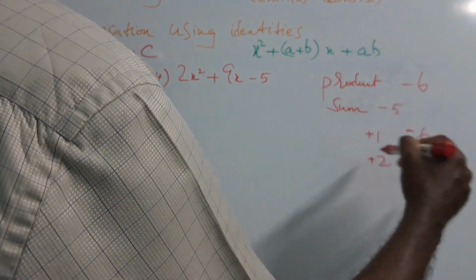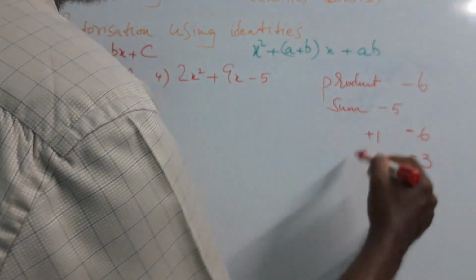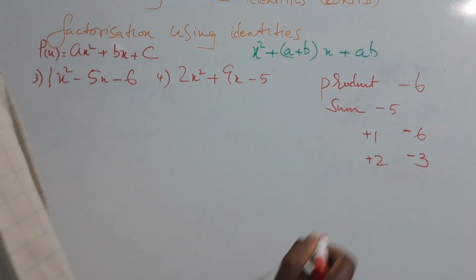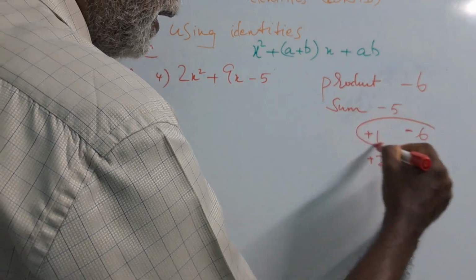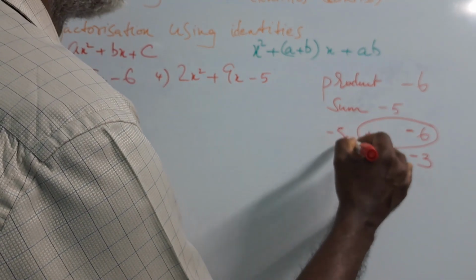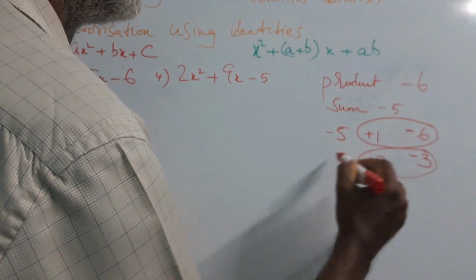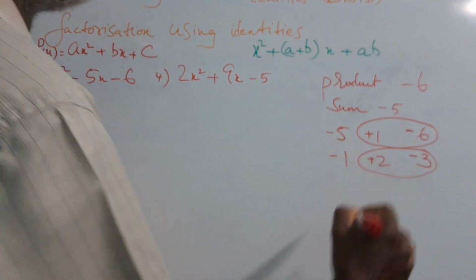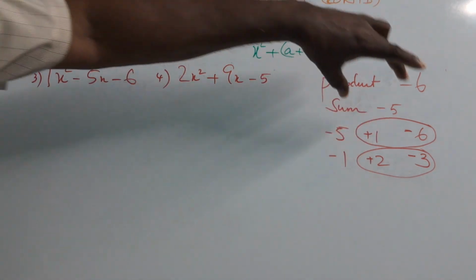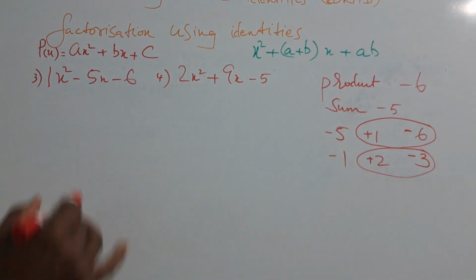When you multiply these two, you get minus 6. When you multiply this pair also, you get minus 6. But when you add, you get minus 5 here. When you add these two, you get minus 1. We need minus 5. Therefore, we pick this pair.